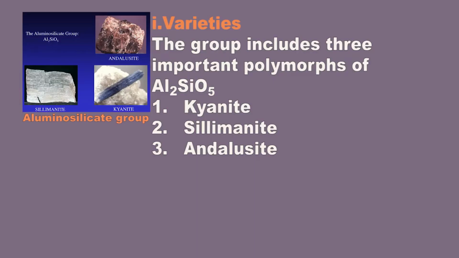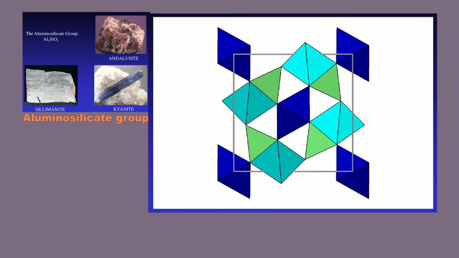Aluminosilicate groups. Varieties: the group includes 3 important polymorphs of Al2SiO5, that is kyanite, sillimanite and andalusite. Composition: the crystal structures of all the 3 minerals are closely related and contain independent SiO4 tetrahedra and chains of alumina octahedra parallel to the C axis.